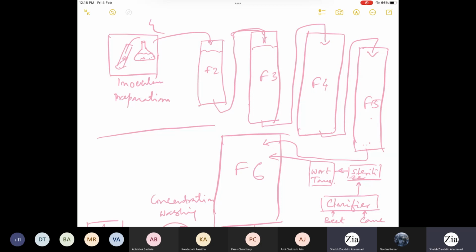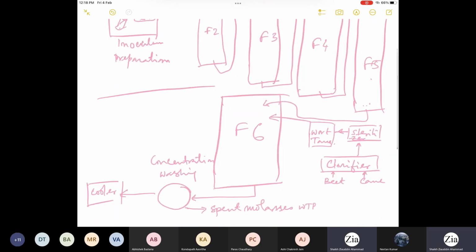In some cases, you may not require a very purified product, and the production process is monitored in a sophisticated manner, where you ensure a very small amount of residual carbon or residual substrate. Then you can go with continuous operation. Otherwise, you can keep operating this reactor in fed batch mode.